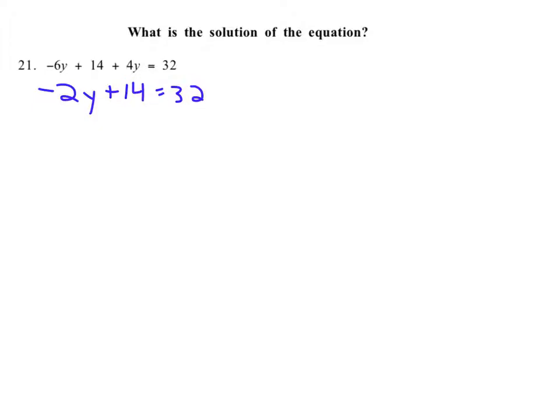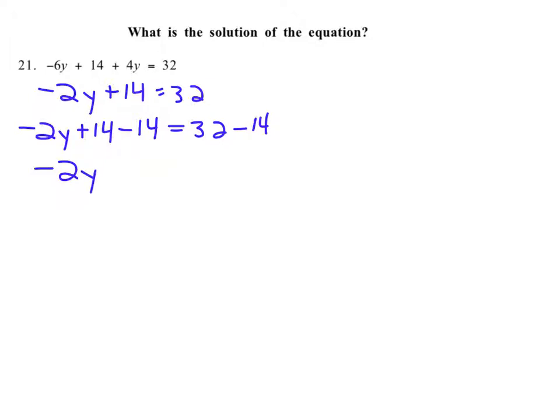Okay? And the reason that we don't call dealing with this combining like terms is because what it actually is called is the subtraction property of equality. What we're going to do is subtract away 14 from both sides. Okay? We've got negative 2y plus 14, which is what's already there, minus 14 equals 32 minus 14.